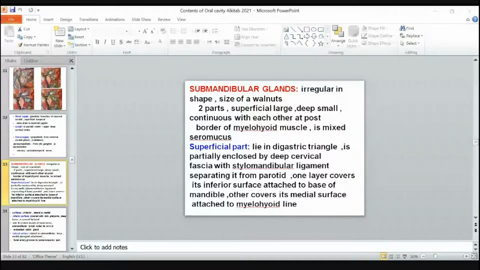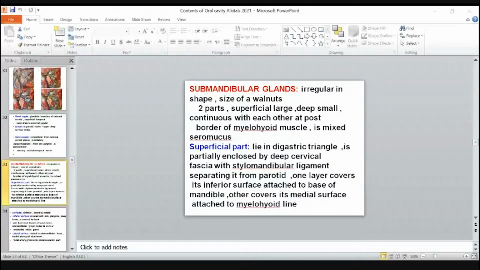It gives a branch to the submandibular gland. It's secretomotor for the gland, so stimulation of the parasympathetic leads to secretion of saliva. When you smell food or eat, this will be stimulated, leading to pouring of saliva into the oral cavity.